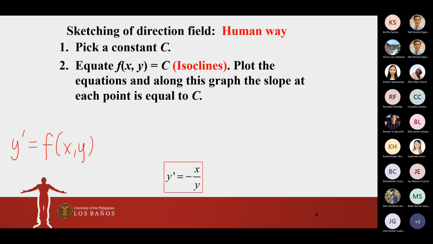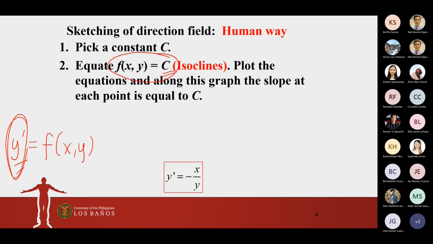So if you have a first-order differential equation, you need to write it first in explicit form. Naka-isolate si y prime dun sa isang side. And then after you do this, you give specific constant values for y prime. So for instance, si y prime, papalitan ko ng isang constant c, say 4 constants or 5 constants. See if those are enough to get a meaningful pattern out of the graph that you'll get, right? So the curves f of x, y equals c.